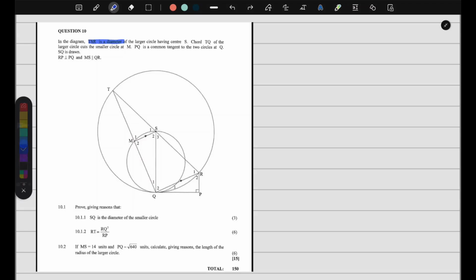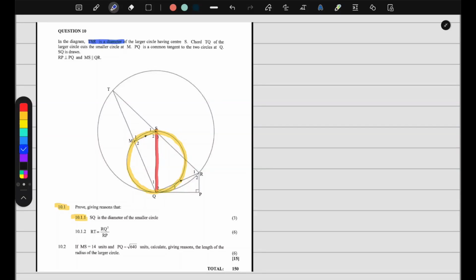So question 10.1 says, prove, giving reasons, first one over here, that SQ is a diameter to the smaller circle. So you have to prove that this is a diameter to the smaller circle. So let's highlight the small circle. There. We have to prove that SQ is a diameter.